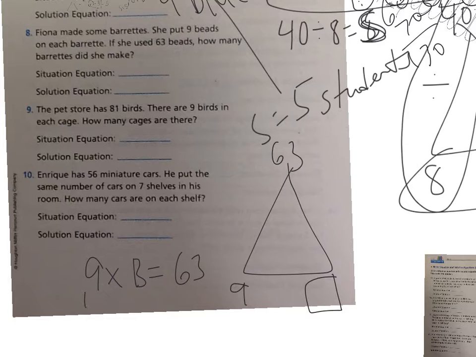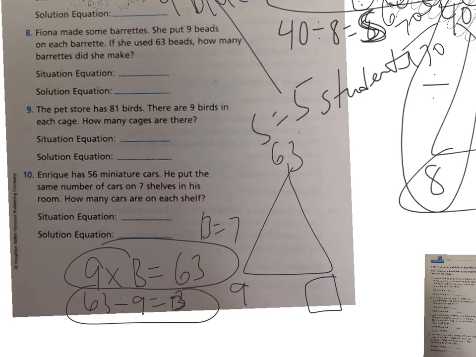So my solution equation would be 63 divided by 9 equals B. And for those of you who know your basic multiplication facts, 63 divided by 9 is 7. So B equals 7. Okay, so this would be your situation equation. This would be your solution equation with your answer B equals 7.